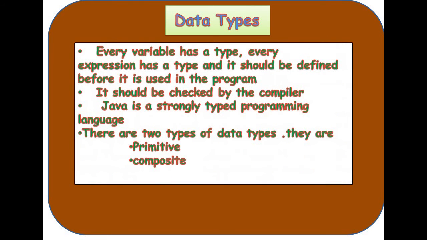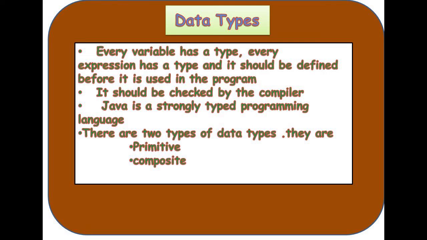Next one is data types. It's very important. Every variable has a type and it should be defined before it is used in the program. The data which is used in a program has to be defined before and it should be checked by the compiler.